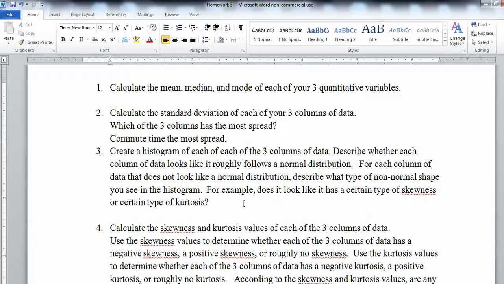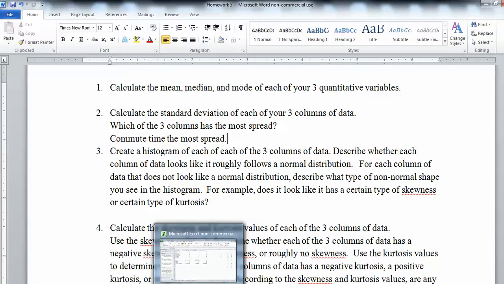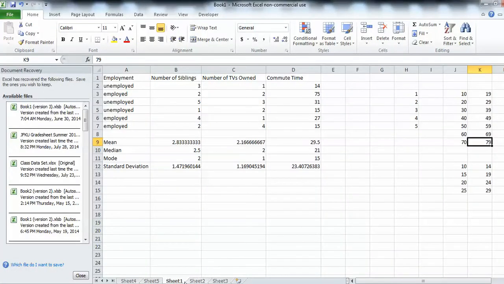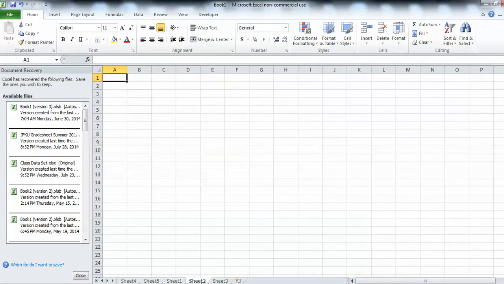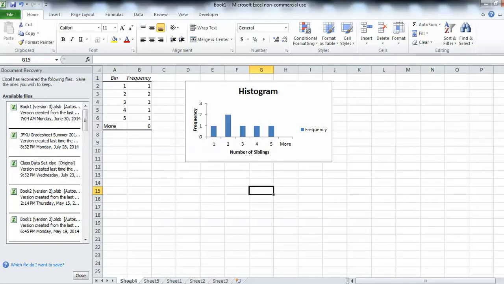So now this right here, it says to describe whether each column of data looks like it roughly follows a normal distribution. So let me look at some of my examples. I would say number of siblings does not look like it follows a normal distribution because it looks like it has a positive skewness.